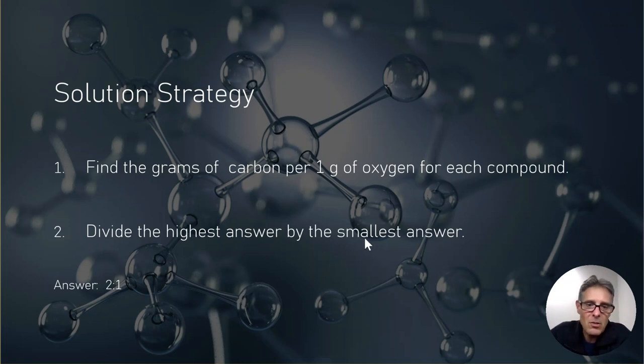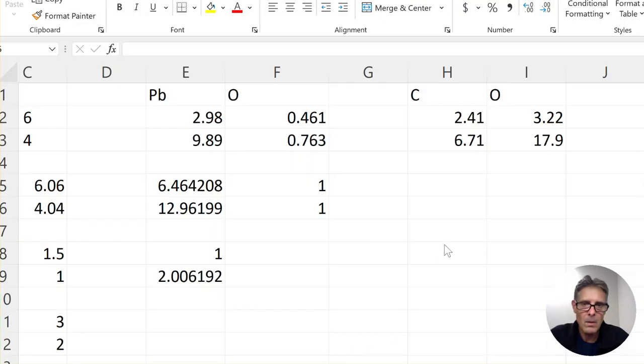Let's look at the spreadsheet again just to see if we can follow that. Here I've just rewritten the question. I have two samples. One sample has carbon at 2.41 grams and the other has carbon at 6.71 grams. One sample has oxygen at 3.22 grams and the other oxygen at 17.9 grams.